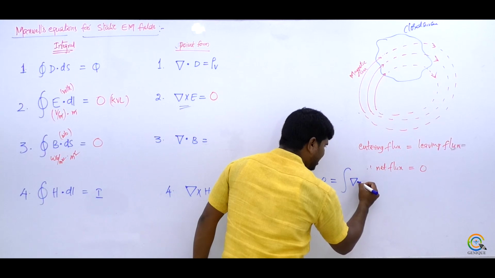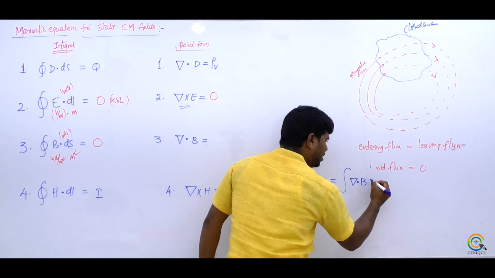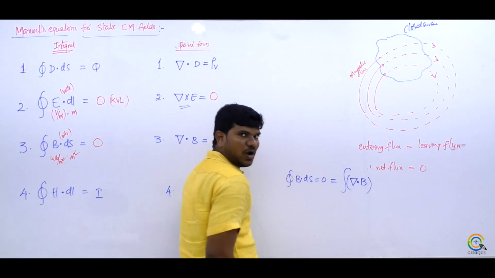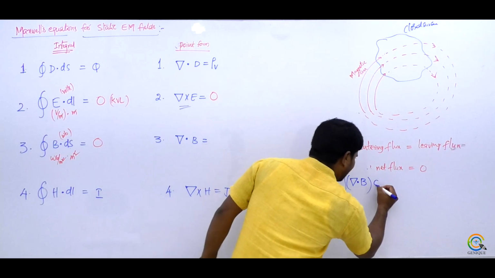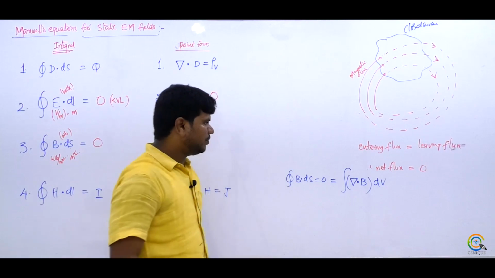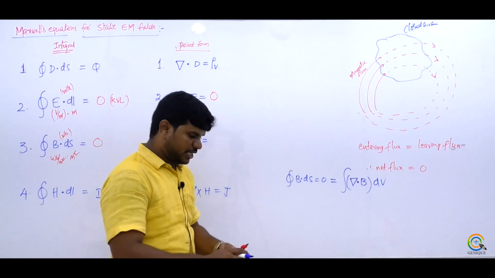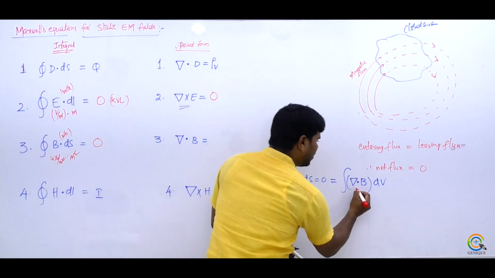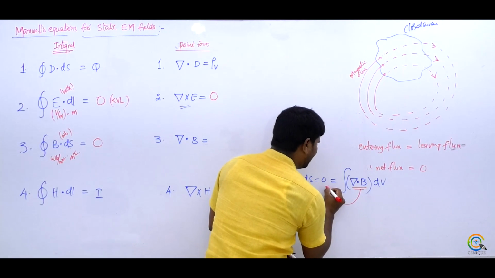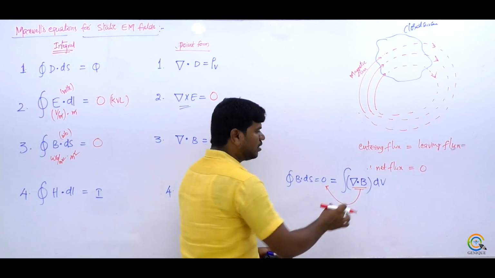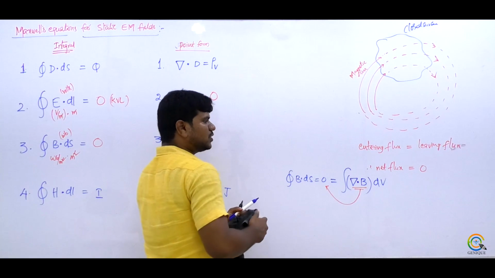The closed surface integral is converted into the volume integral by including del dot B. From this we can write that del dot B must be 0, because the volume cannot be 0. So del dot B is equal to 0.